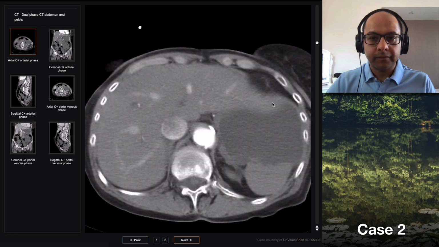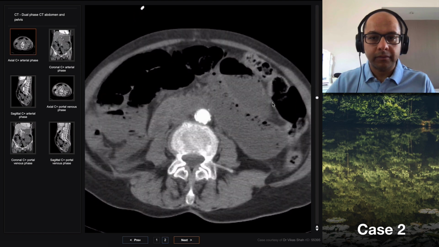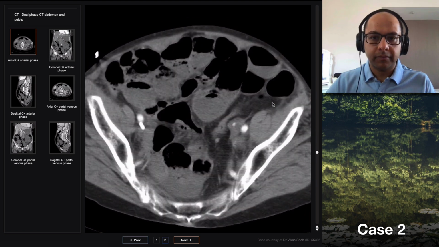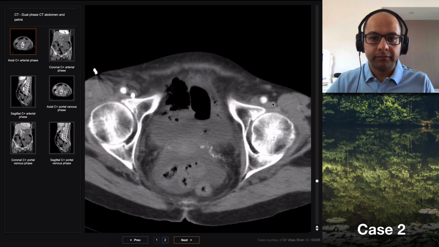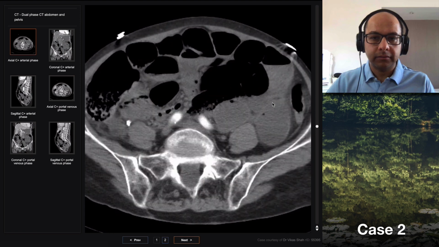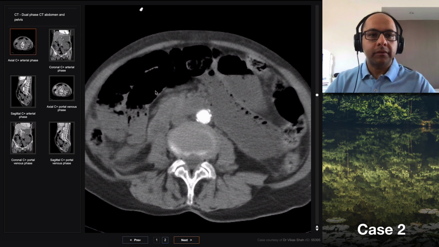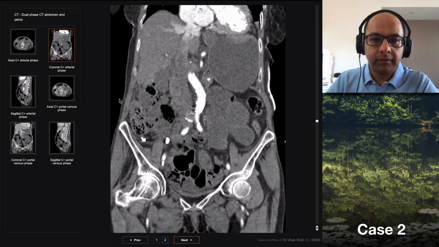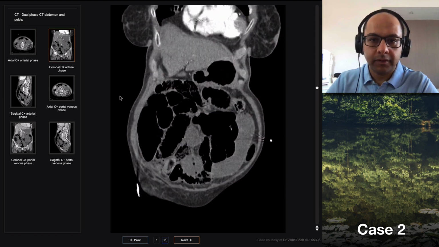Moving down, we can see quite a lot of dilated loops of mainly small bowel throughout the entire abdomen. The bowel wall's not particularly thickened, but it does appear to be a bit hypo-enhancing. It's difficult to see whether there's a lot of edema in the mesentery. You can't really see it that clearly, but I'd be worried about ischemia.